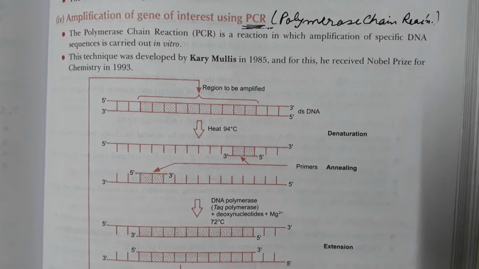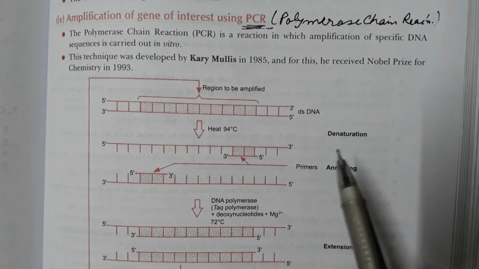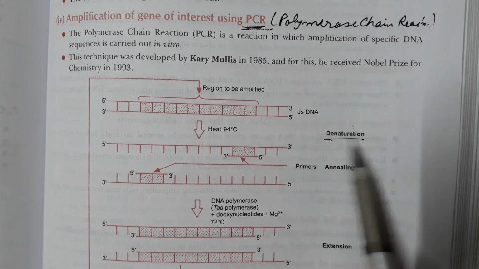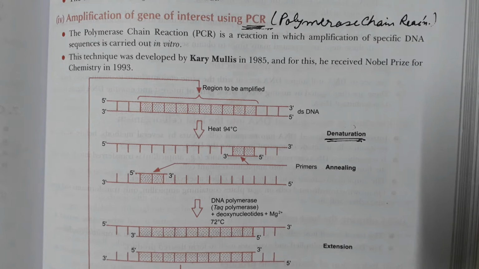Now we discuss all the 3 steps of polymerase chain reaction. First step is known as denaturation. What is denaturation?